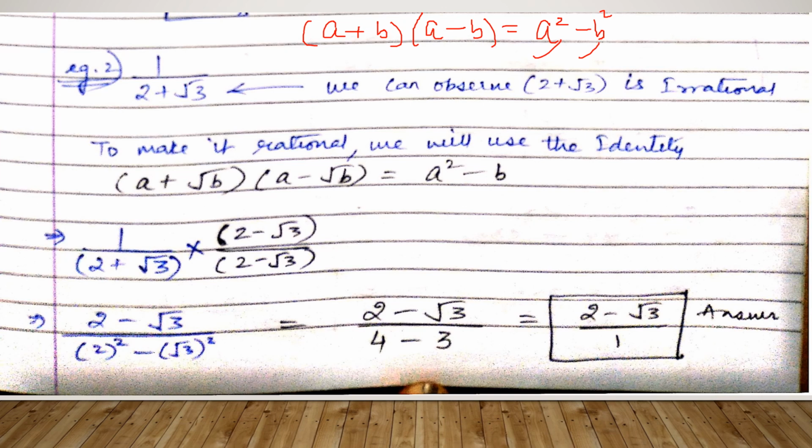Let's see. We have 2 plus root 3 with us. So if I multiply with the opposite sign of this, that is 2 minus root 3, maybe we can get it. I have multiplied with 2 minus root 3 in the denominator. As I am doing it in the denominator, I have to multiply the same number in the numerator also.